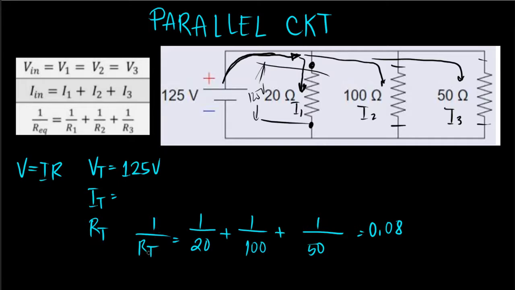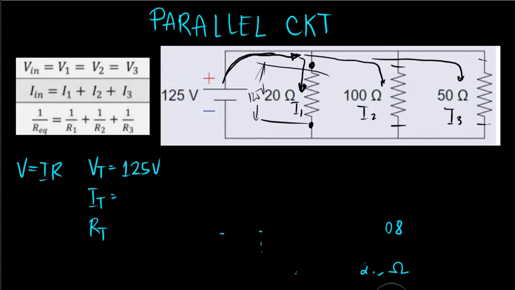So, to get it, you take the reciprocal. So, RT is equal to 1 over 0.08. Answer equals 12.5 ohms. Okay, so take note of that. 12.5 ohms. And now, you can solve for IT.